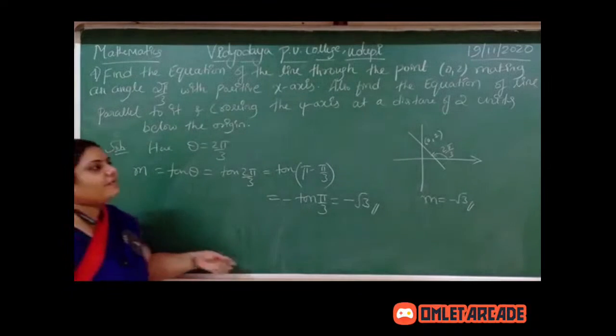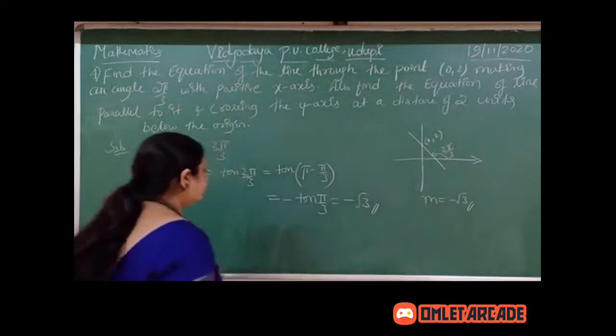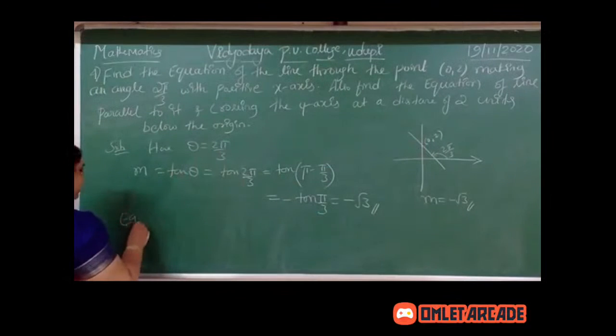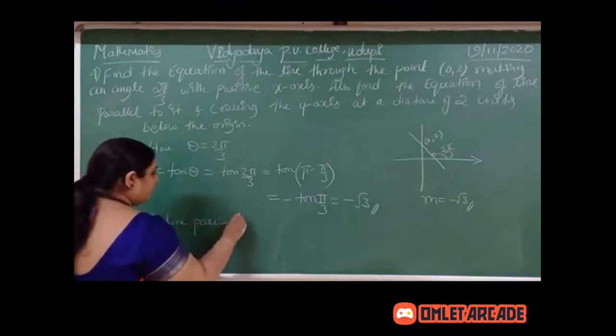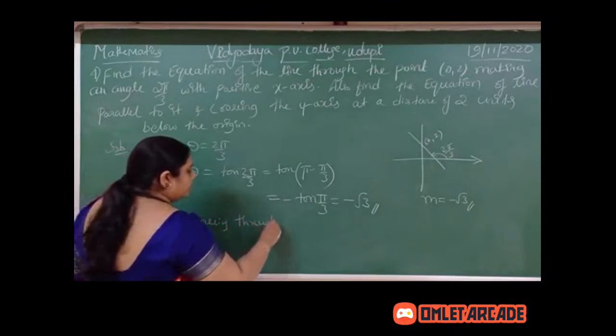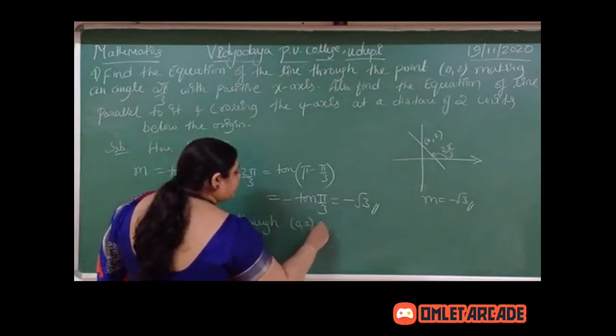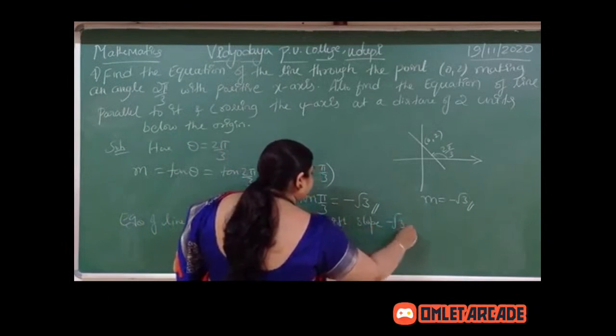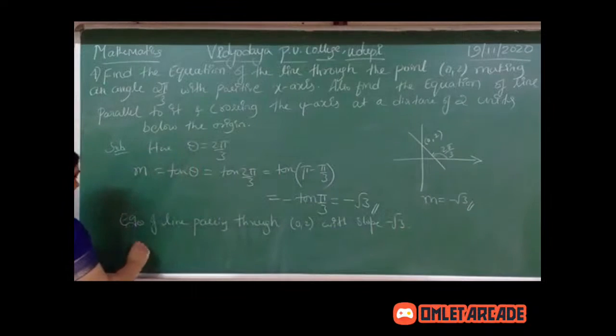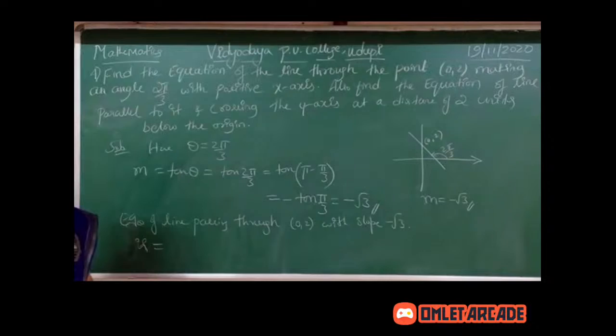You have the slope and you have a point. Can you find the equation of the line? Yes. The equation of the line passing through point (0, 2) with slope minus root 3 is, you know the formula, y minus y naught is equal to m into x minus x naught.